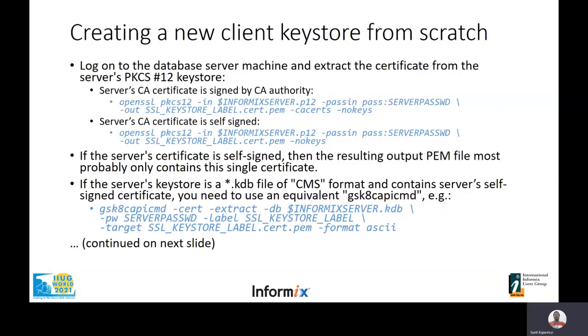Each CA certificate label will appear here, and I'll be creating that many files. So if there is, let's say, a chain of 3 to 4 different CA certificates, then I'll extract all those 3 to 4 different certificates into 3 to 4 different files.